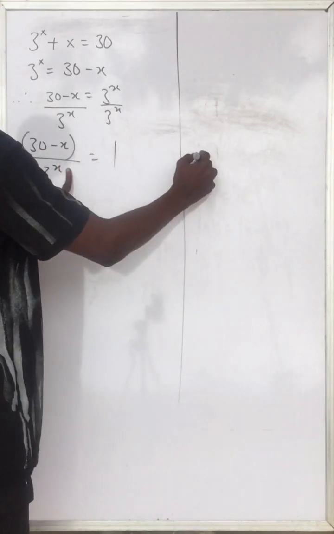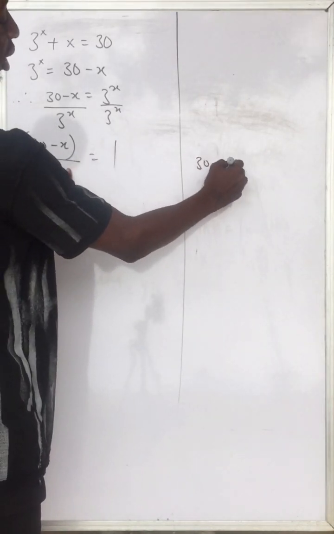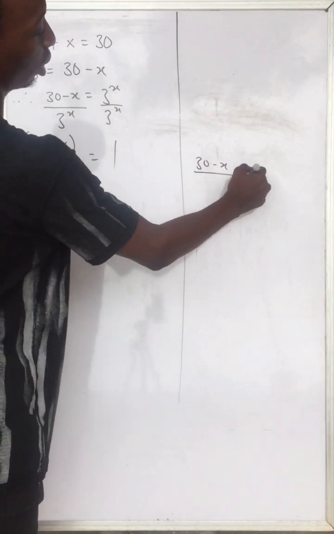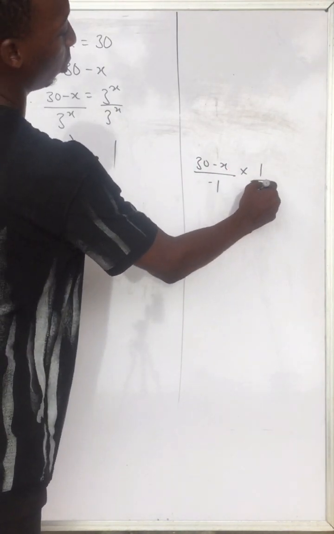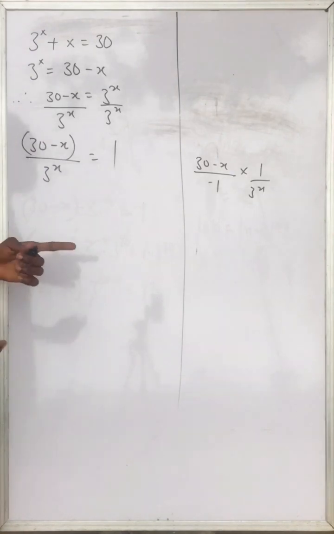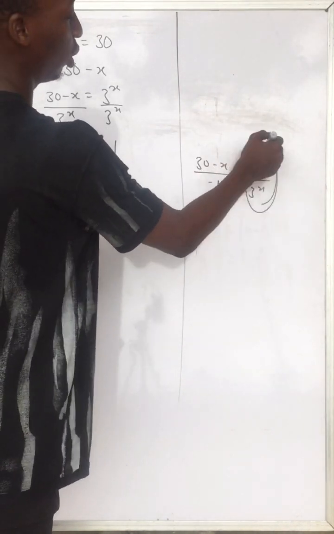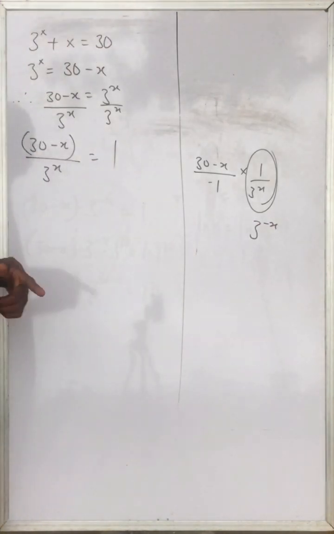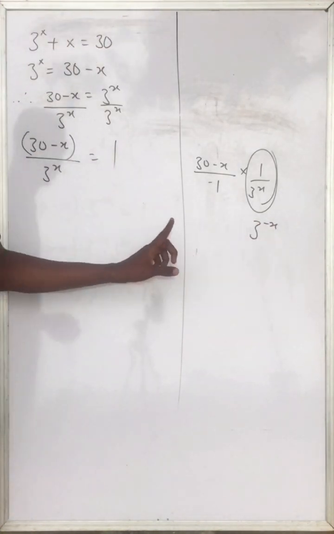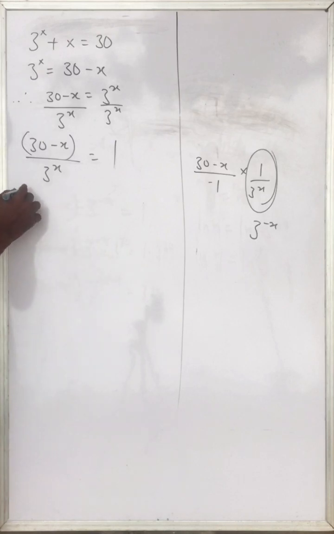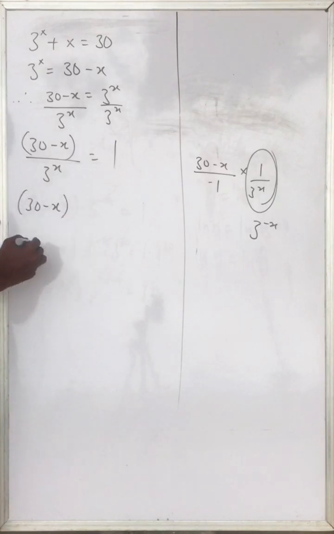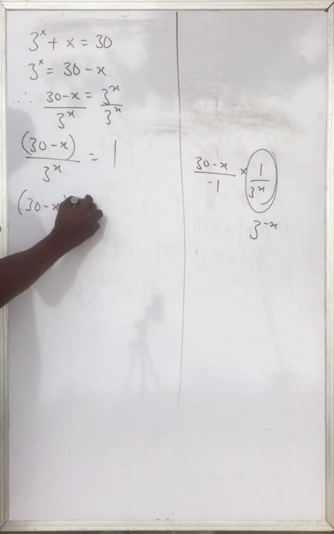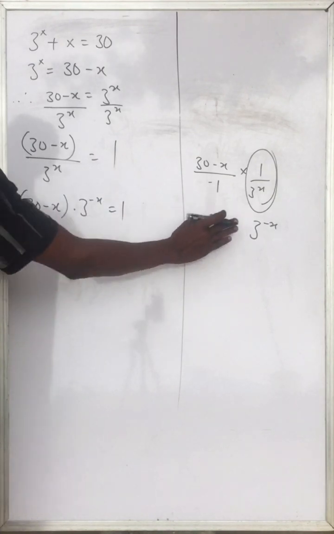This is the same thing as (30 minus x) over 1 times 3^x, and you can write this as 3 to the power of negative x, the inverse of 3^x. Now if I apply it here, I end up having (30 minus x) times 3^(-x) equals 1.